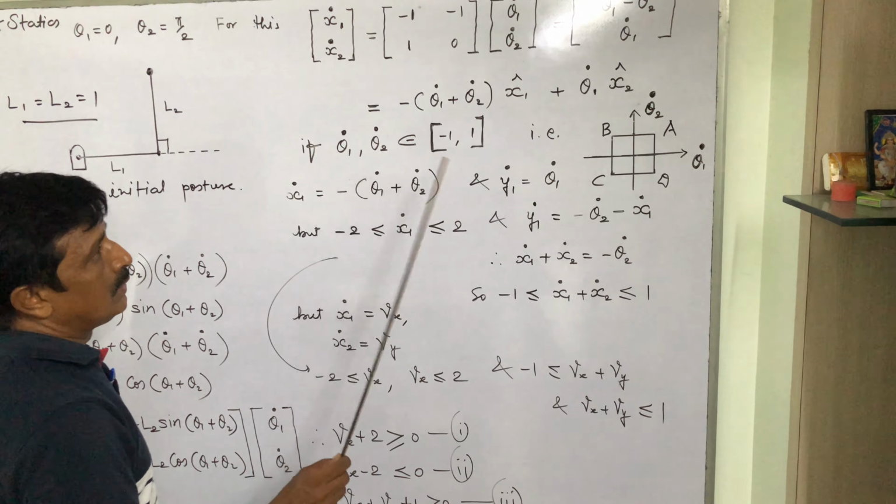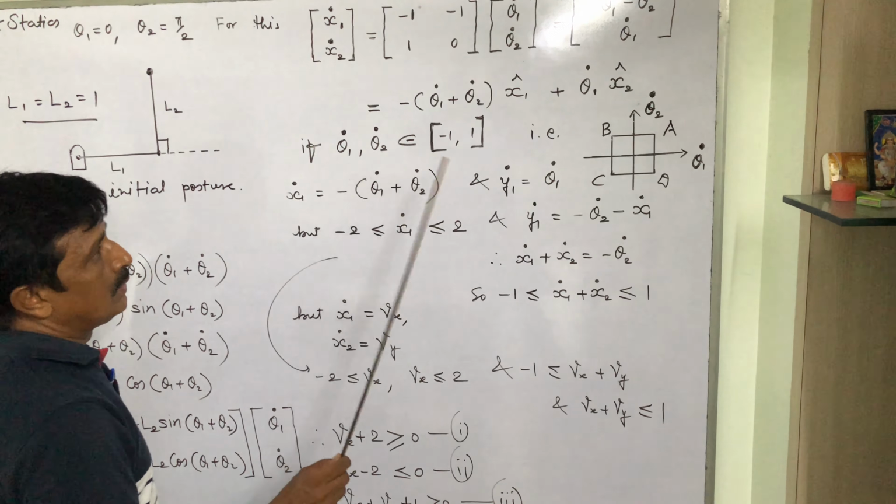So subtracting theta 1 dot from this, theta 2 dot is minus theta 1 dot minus vx, and theta 1 dot is vy. So theta 2 dot is minus vy minus vx.